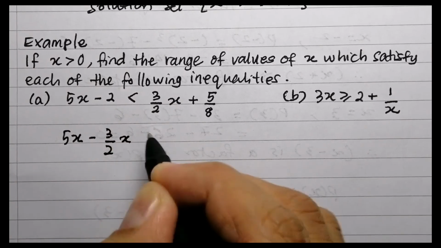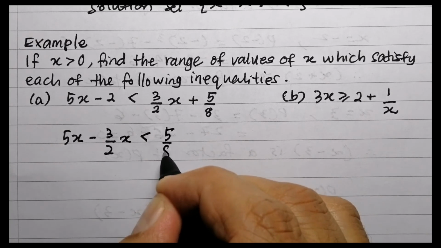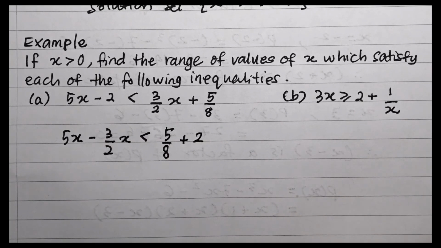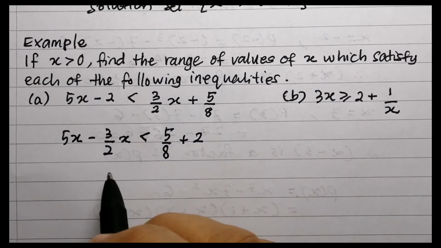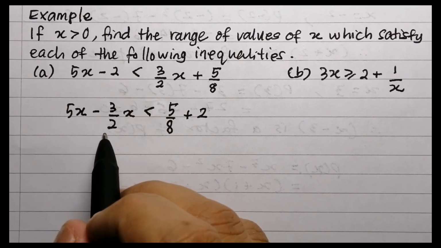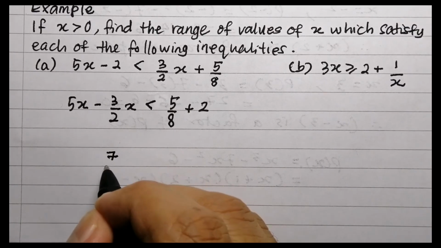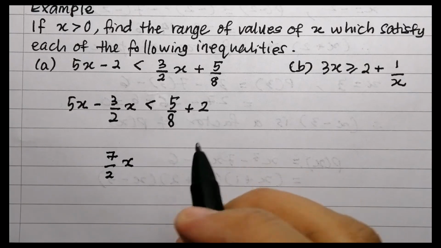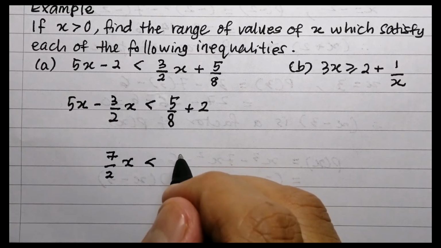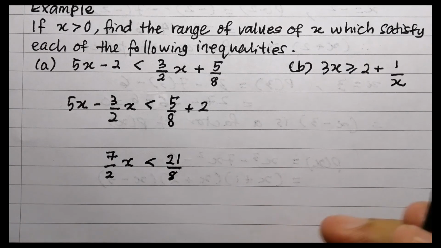First, we collect the same terms: the terms with x on the left hand side and the constants on the right hand side. So we have 5x minus 3 over 2 x, which gives 7 over 2 x, less than 5 over 8 plus 2, which is 21 over 8.